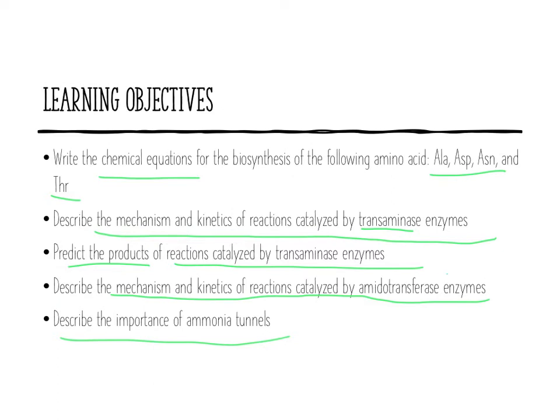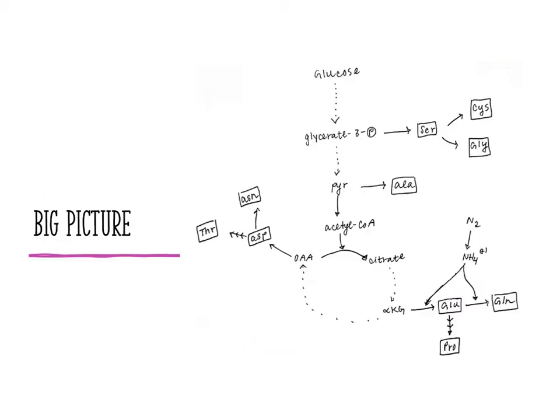So really we're going to be focusing on two enzymes, and they're common in biosynthesis pathways of molecules that contain nitrogen, like amino acids. All right, so again, the big picture here: last time we did nitrogen fixation, where you take the inert nitrogen from the atmosphere, convert it to reactive nitrogen, and then that could be used to make either GLU or GLN, and then GLU is used to make proline.